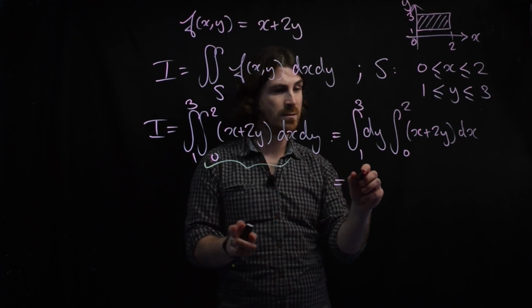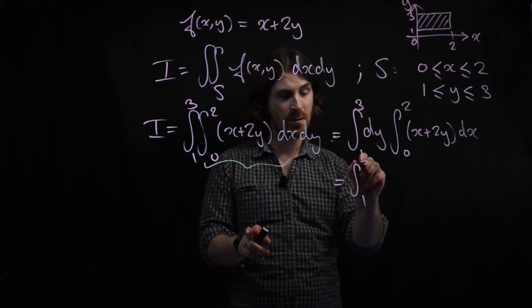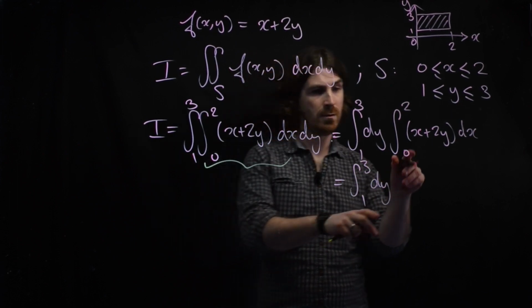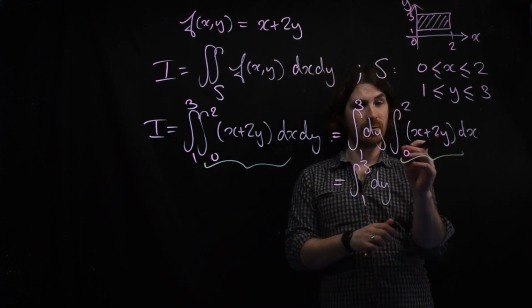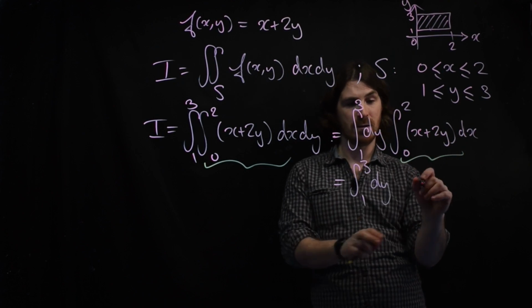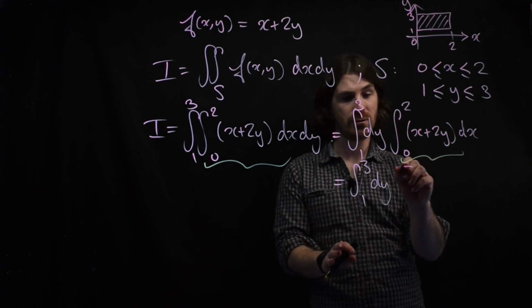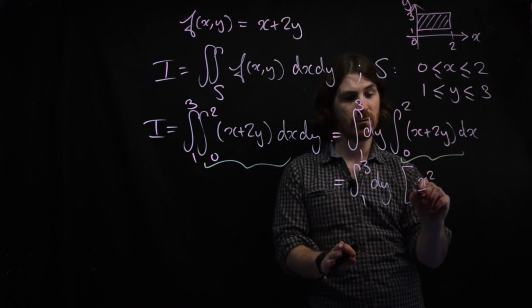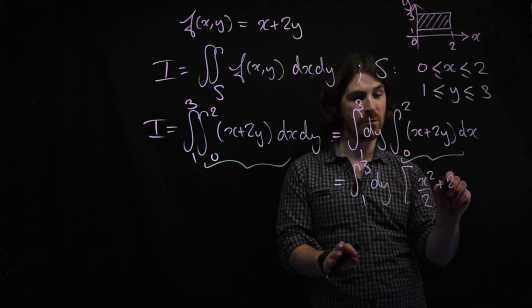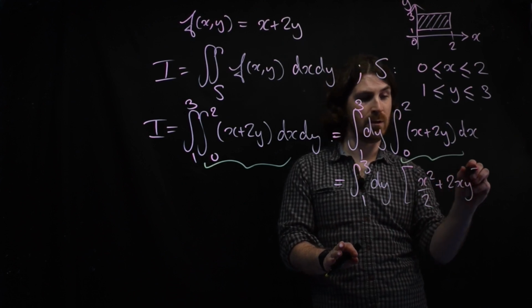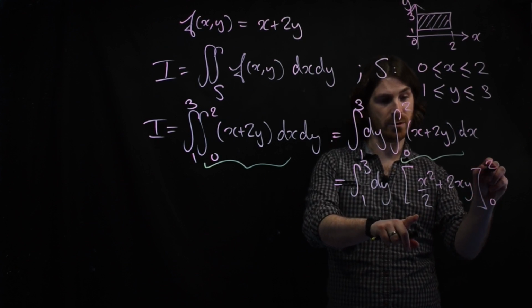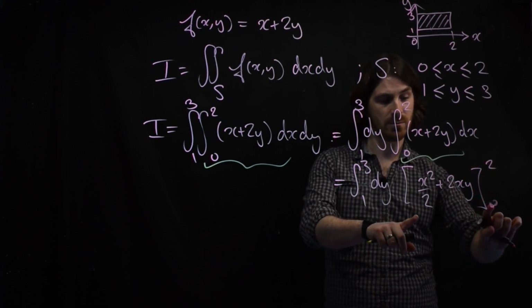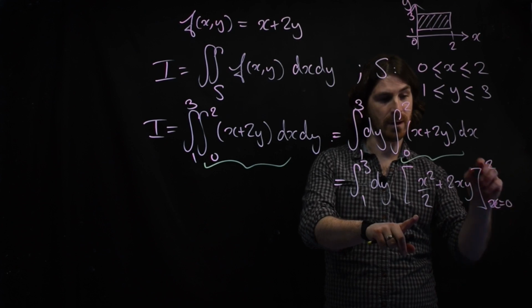So this is the integral of x plus 2y dx, and we get x squared over 2 plus 2xy. And we need to evaluate that between the limits of 0 and 2, this is x equals 0 and x equals 2.